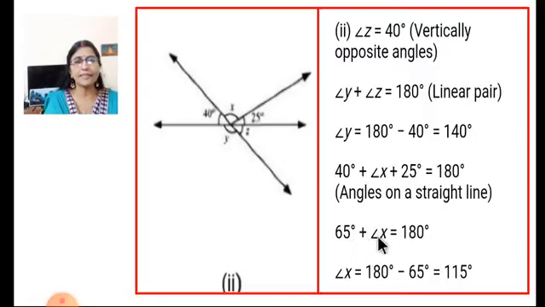And 65 degree plus angle X is equal to 180 degree. Next, angle X is equal to 180 degree, and this we will take to the other side, so it will become minus 180 degree minus 65 degree is 115 degree. So we got the value of angle X as 115 degree. So this way you are going to find out the value of X, Y and Z.